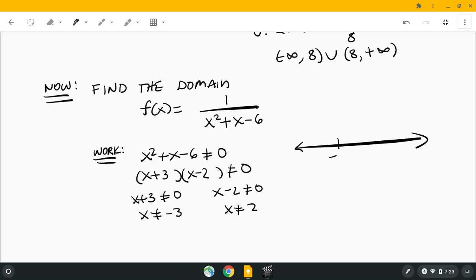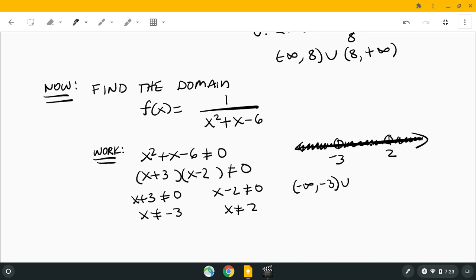Let's go ahead and graph that. So here's negative 3, open circle there. Here's 2, open circle there. So our domain is everything except those two numbers, right? So we have to describe each region here. This region is negative infinity to negative 3, but not including negative 3, so put parentheses.